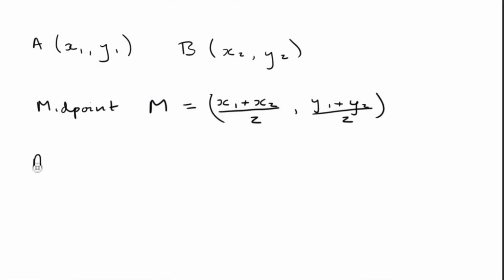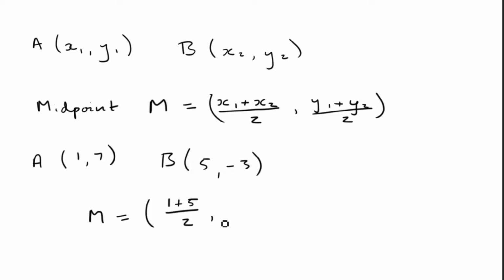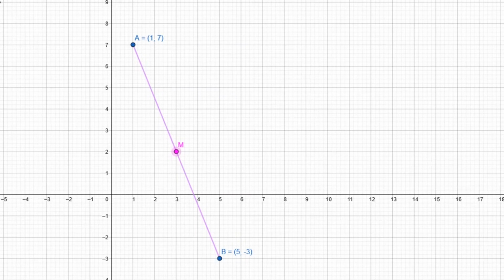So if in our example we have an A of 1, 7, and a B of 5, negative 3, then this idea we've just described tells us that the midpoint M should have x-coordinate 1 plus 5 divided by 2 and y-coordinate 7 subtract 3, which is 7 plus negative 3 over 2. 1 plus 5 is 6, divide by 2 we get 3. 7 take away 3 is 4, divide by 2 we get 2. And if we check the coordinates of M, then 3, 2 is exactly what we get.